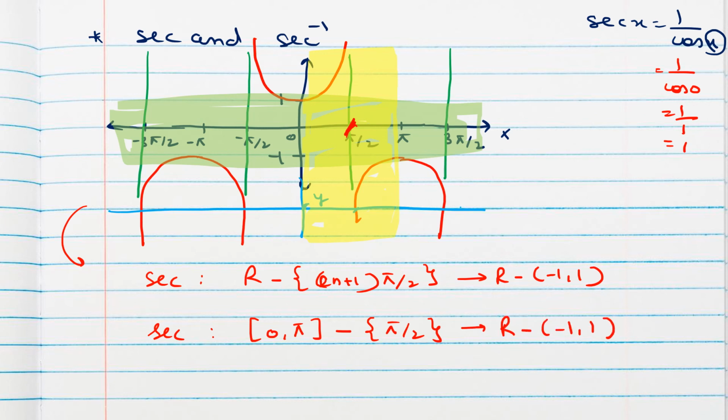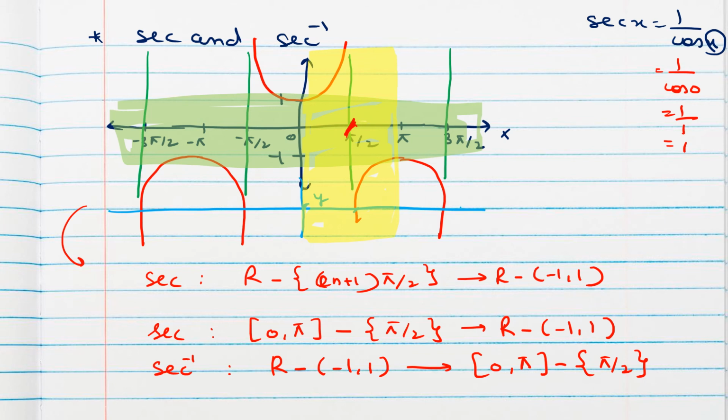And now we can interchange to find the domain and range of sec inverse. So R minus (minus 1 to 1), and 0 to pi minus pi by 2. So like this we have to restrict the domain, because otherwise it won't be a function.